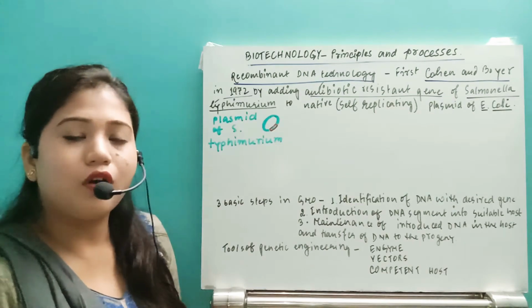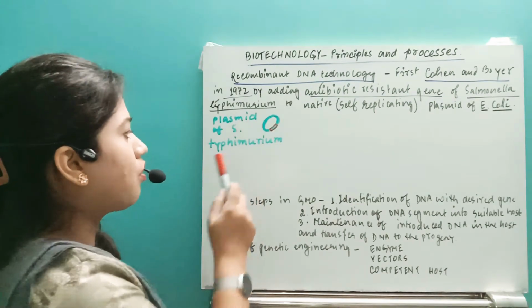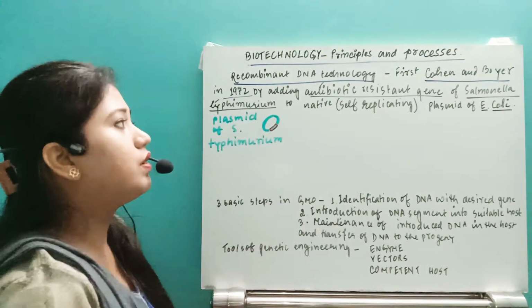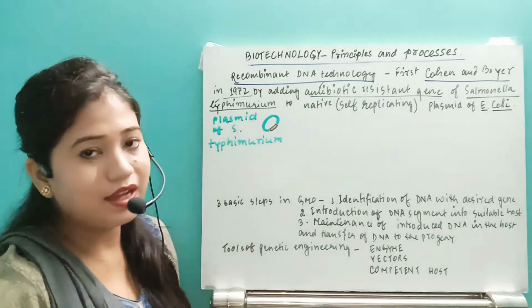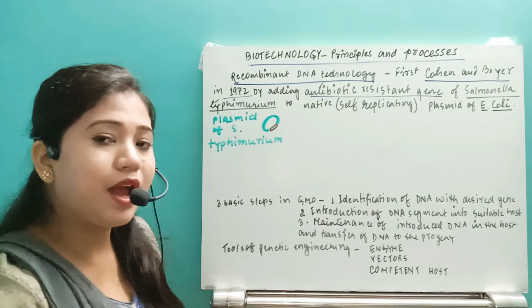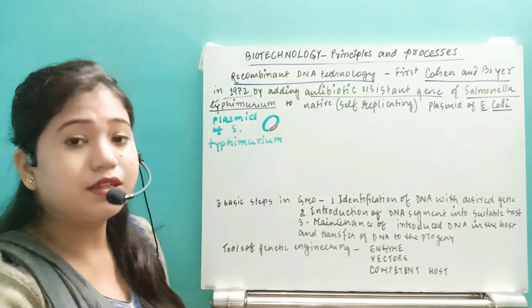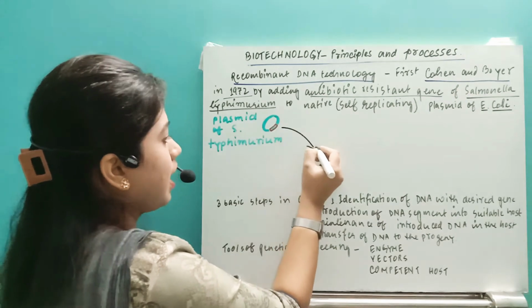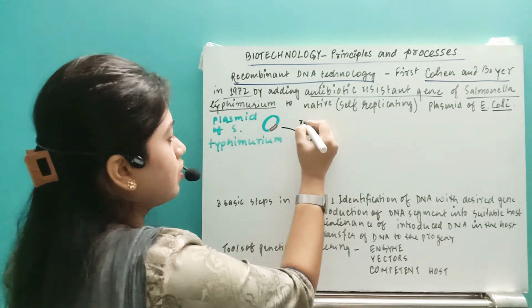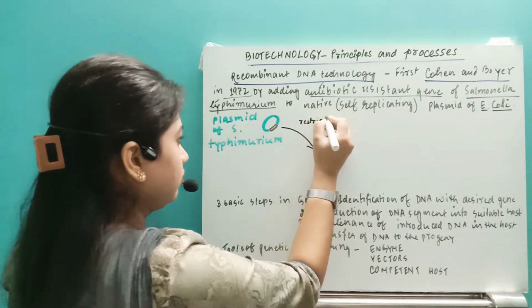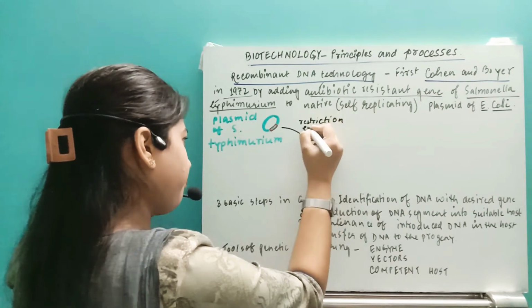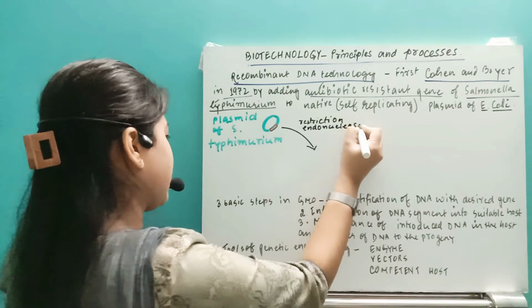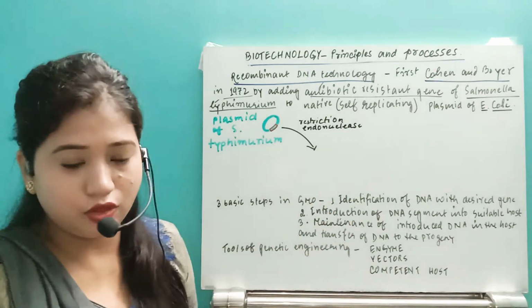So first of all, from the plasmid of Salmonella typhimurium, we will identify this antibiotic resistant gene, and by the addition of one enzyme, that enzyme is restriction endonuclease. Okay, so this is one enzyme that is called the restriction endonuclease.